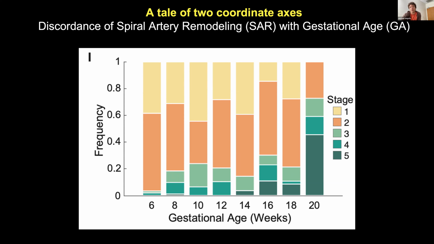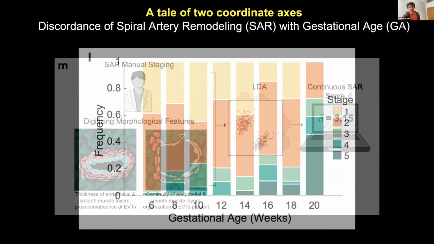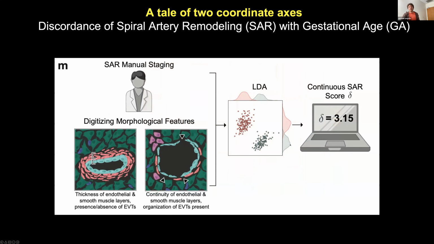So that reinforced what we were thinking, that it is regulated in part by how far along in pregnancy you are, but there are also local factors that have to do with trophoblast invasion that seem to be at play too. To get a better idea of this, we took those manual stages along with a bunch of extracted features from these images that describe each of the aspects used in scoring these arteries, like how thick the muscle was and how fragmented it was.